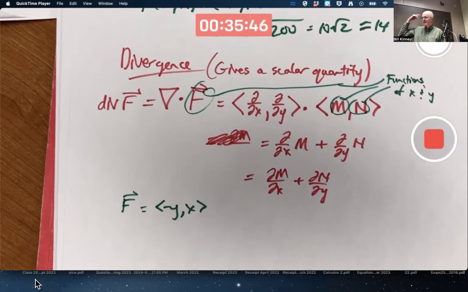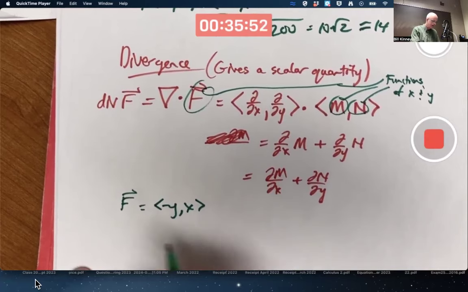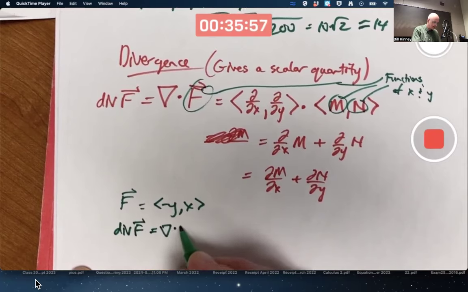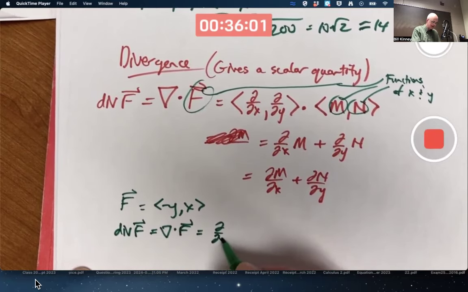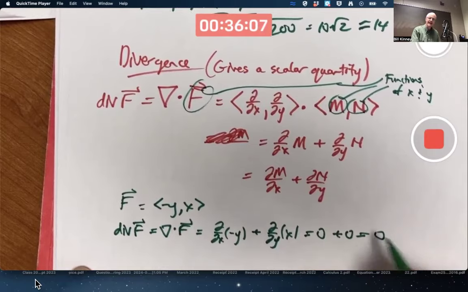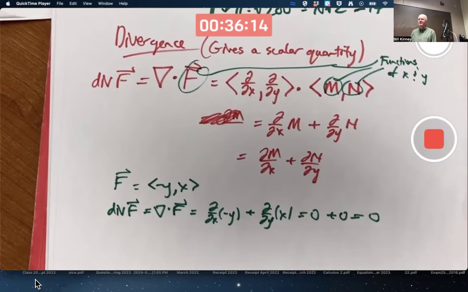But you always want to remember conceptually in your mind that these things are functions of x and y. And here are the formulas for M and N. The divergence of this, written in two ways, is the derivative with respect to x of negative y plus the derivative with respect to y of x. 0 plus 0 is 0. This has got zero divergence. We'll talk about what that means in a bit here.